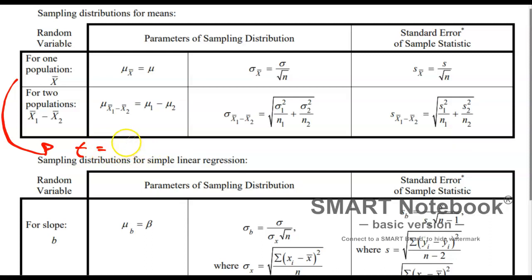Make note of that. Through the textbook examples, you had x bar minus mu over s over the square root of n.